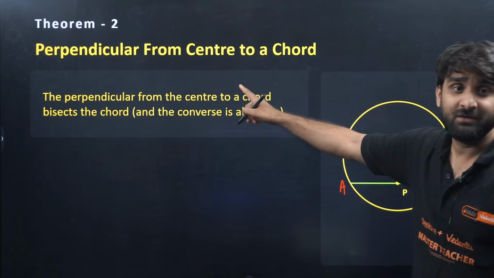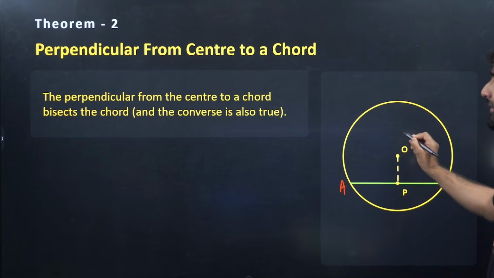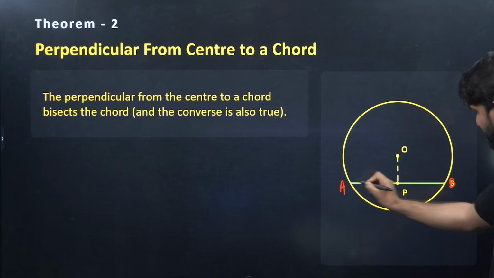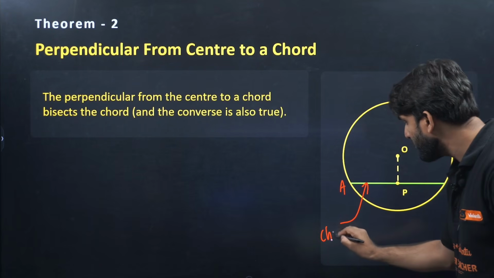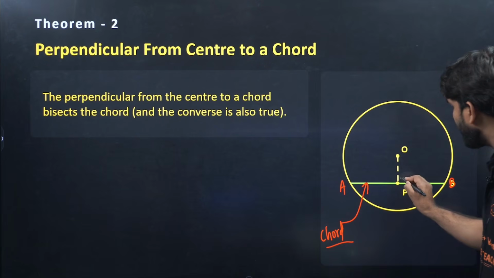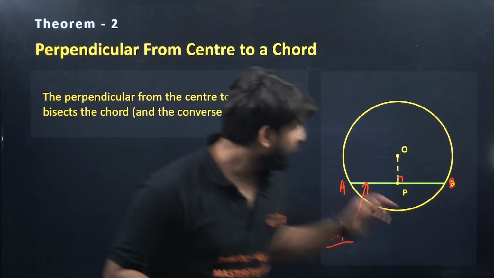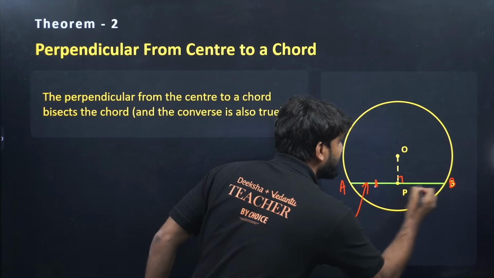Theorem says that if you draw the perpendicular from the center to the chord, the chord divides into two equal parts.